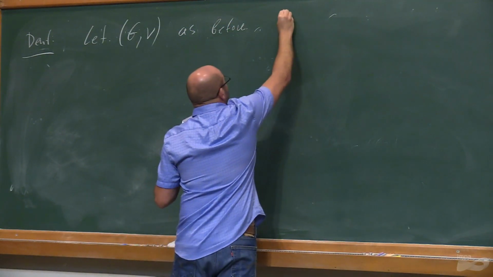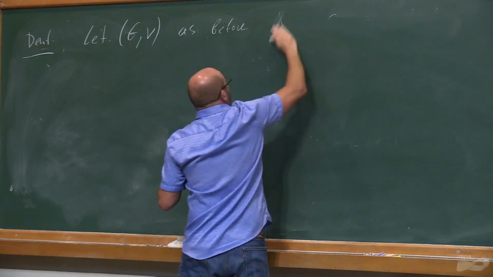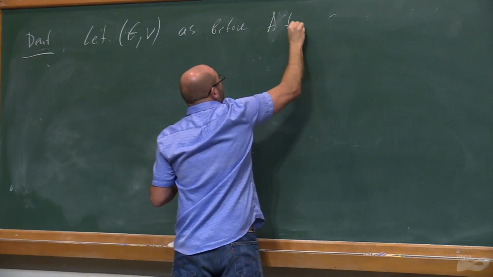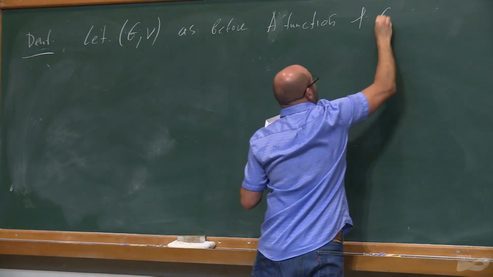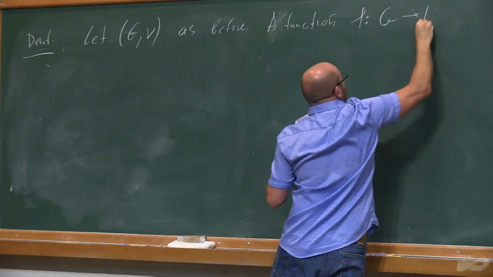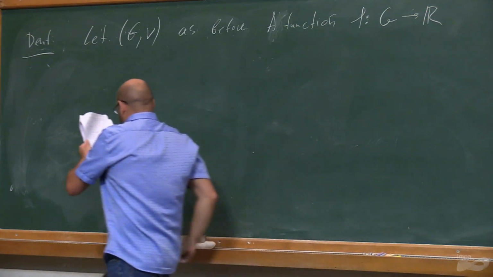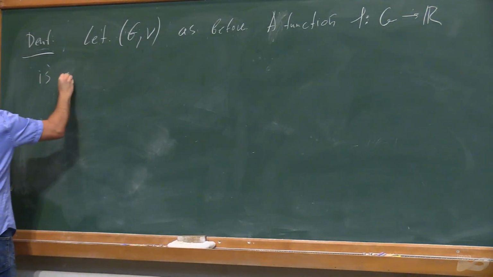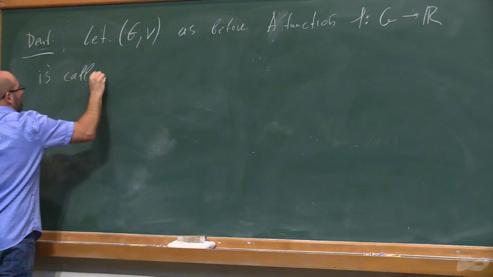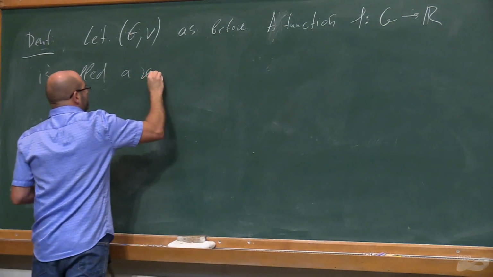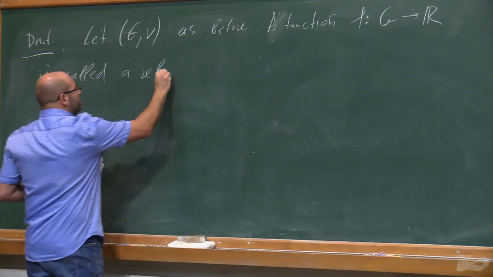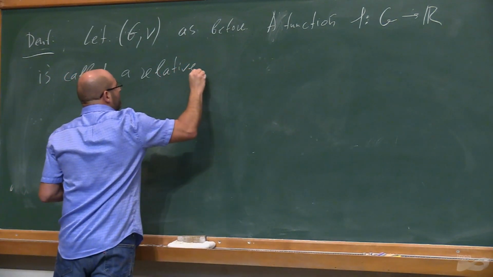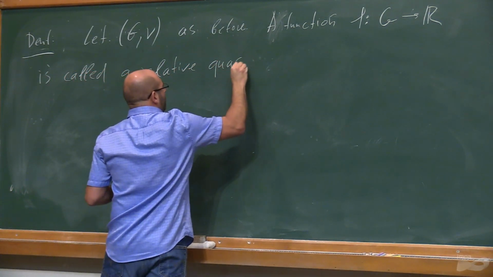Then a function psi from G to the reals is called a relative quasimorphism. It should be written nu relative, but I will abuse the notation. Relative quasimorphism.